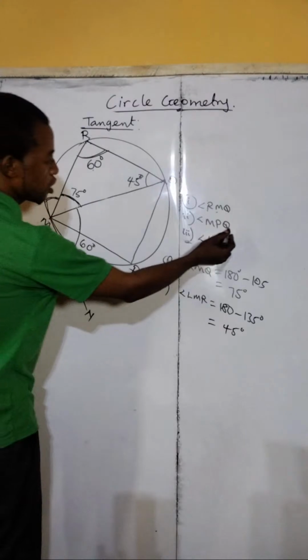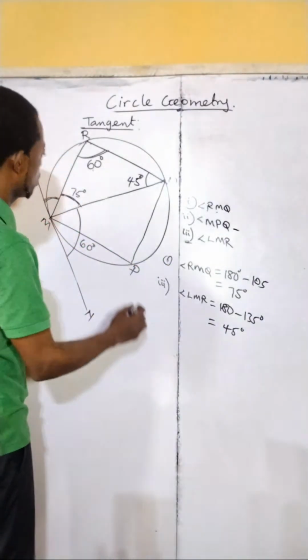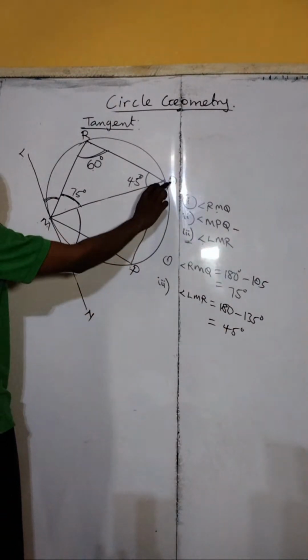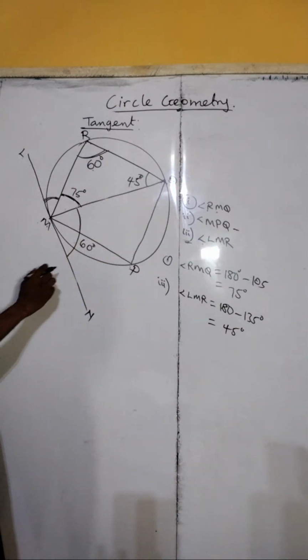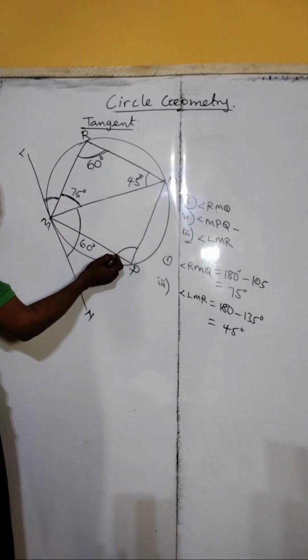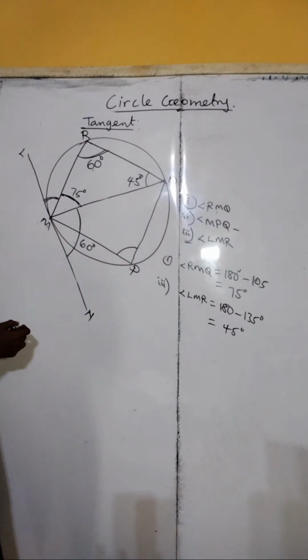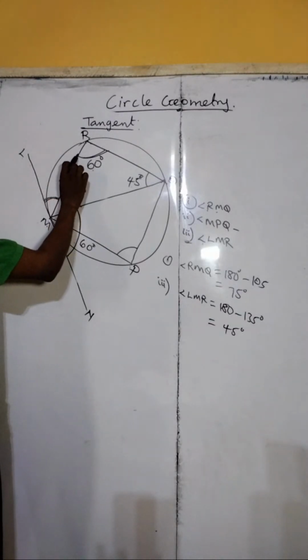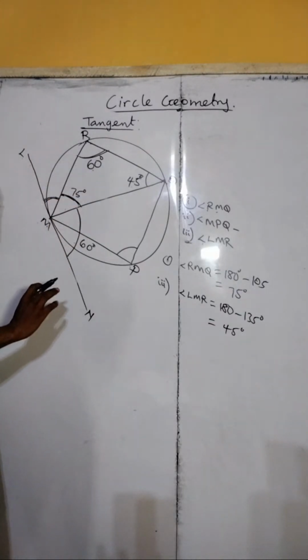And what else are we finding? Angle MPQ. From there, we have MPQ. Now, when you look at this angle MPQ here, it is facing this particular angle because it's a cyclic quadrilateral.